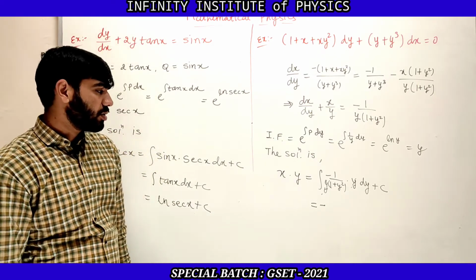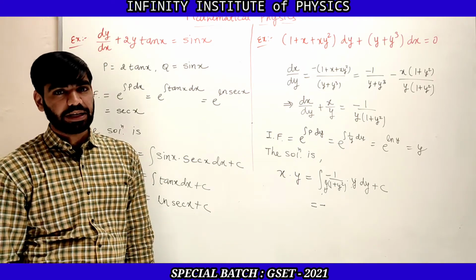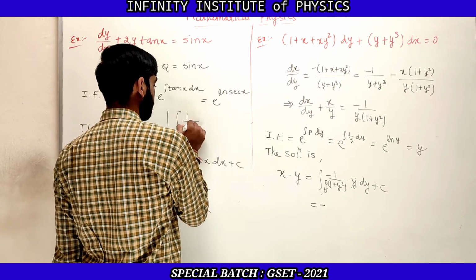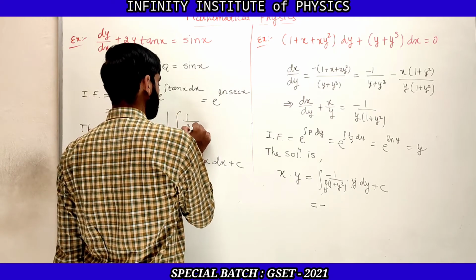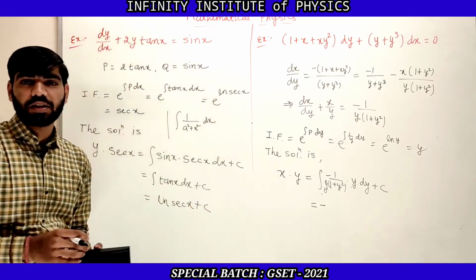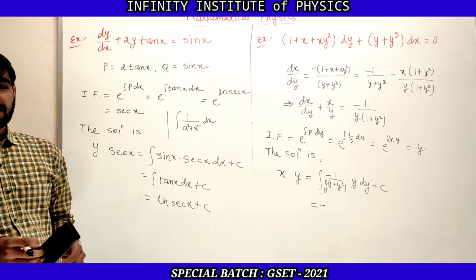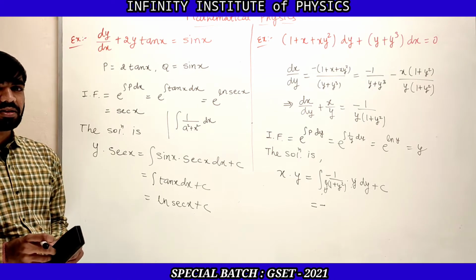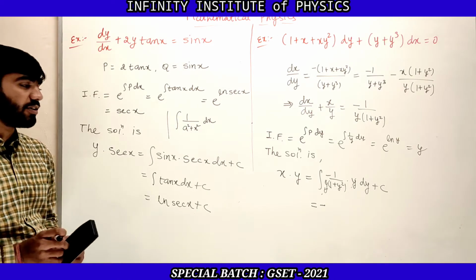What is the integration of 1 upon 1 plus y square? It is like integration of 1 upon a square plus x square dx, and that is tan inverse x.